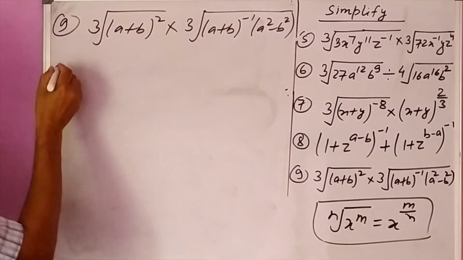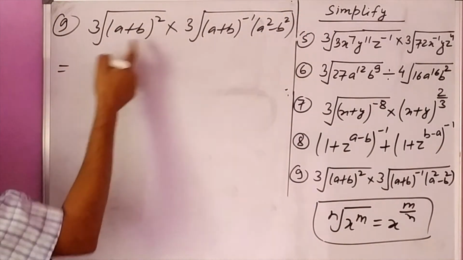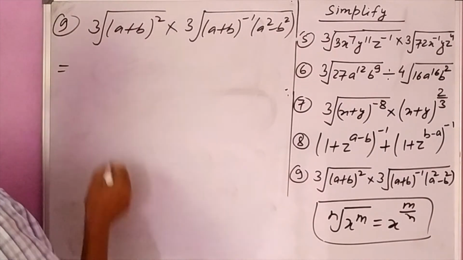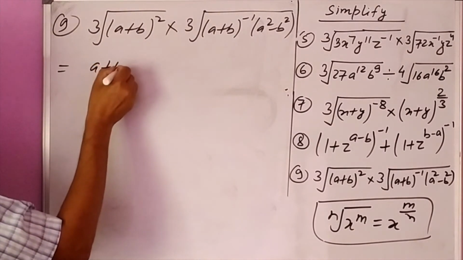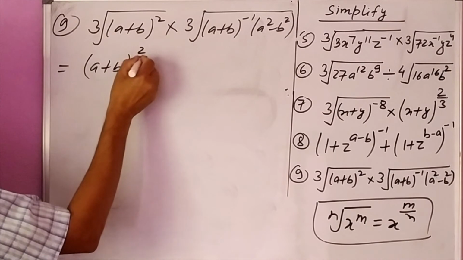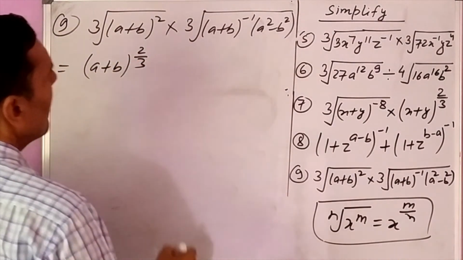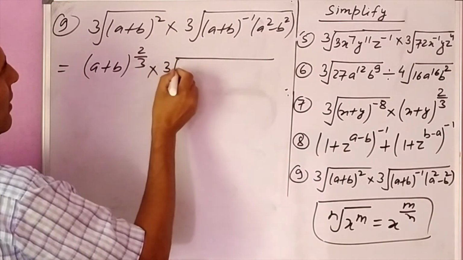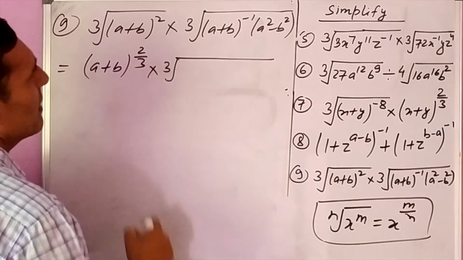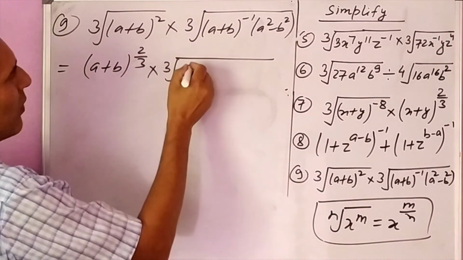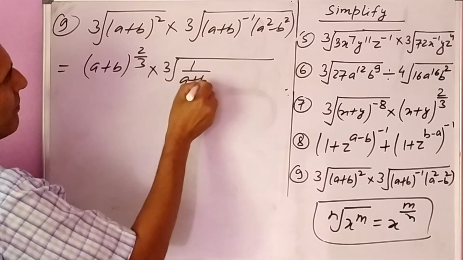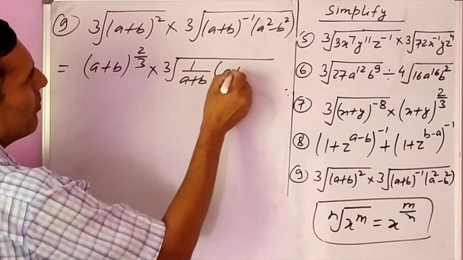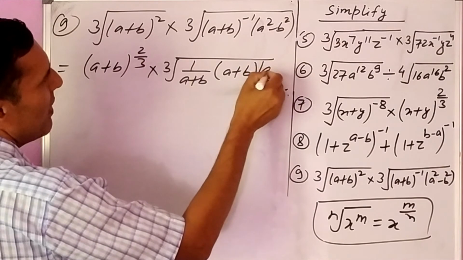This is the expression. If you remove this root here, it is a plus b to the power 2 upon 3. Here one more step we can simplify it, because this a plus b to the power minus 1 is 1 upon a plus b, and this is a plus b times a minus b.